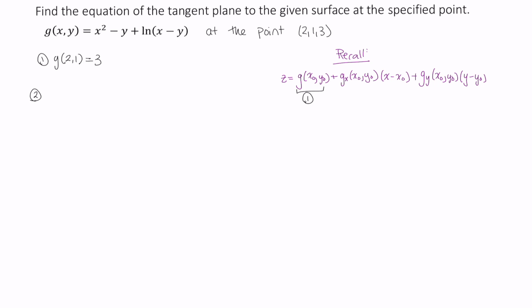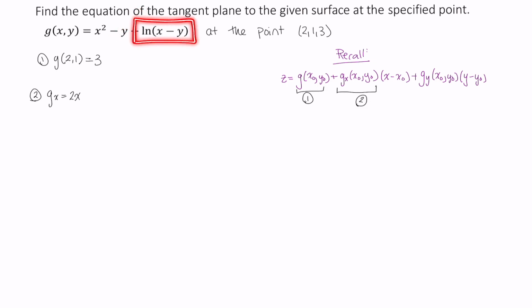Okay, so next let's work on this here. That is the partial derivative of g with respect to x. We treat y as a constant, so the derivative of x squared with respect to x is just 2x. The derivative of negative y with respect to x, since y is treated as a constant, is 0. So this will just vanish.